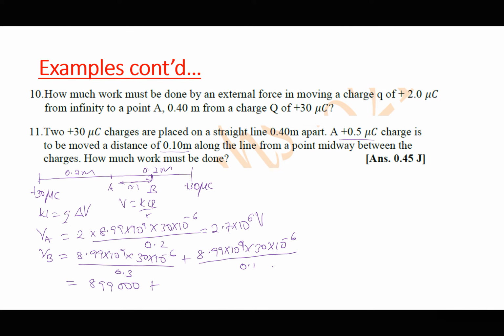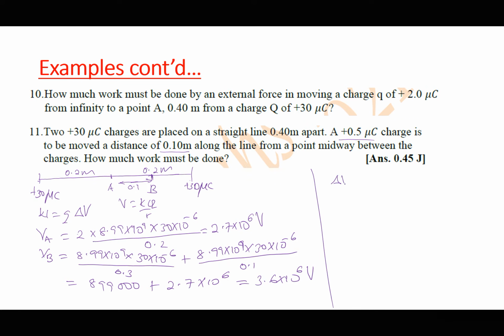Then this one is 2.7 times 10 power 6. And when you sum up, the total potential here is 3.6 times 10 power 6 volts. So that is the total potential.